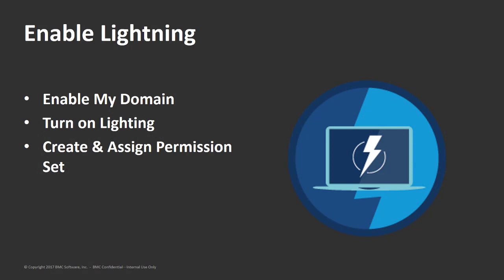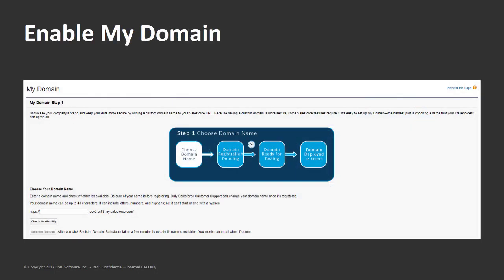In order to use Lightning and Remedyforce, there are a few things you need to configure. If you try and work with Lightning components provided by Remedyforce, you must enable My Domain. My Domain assigns to your company a unique URL that will then be utilized by the Lightning components.